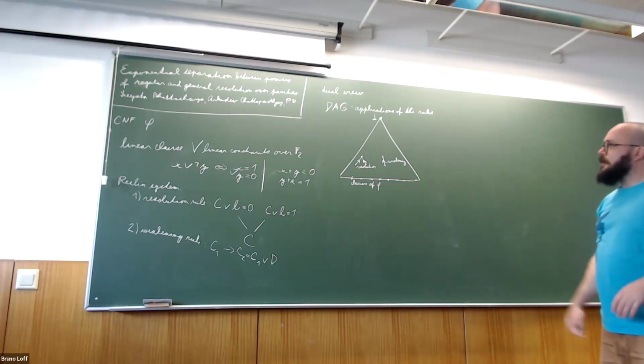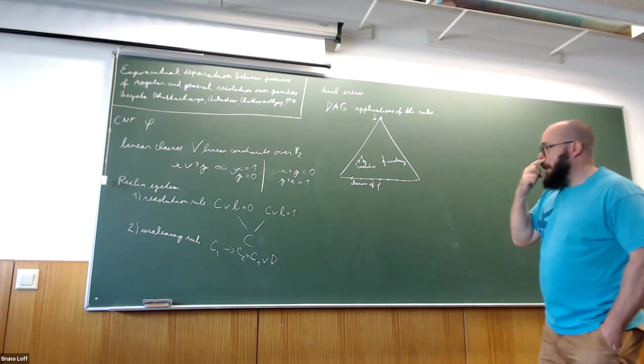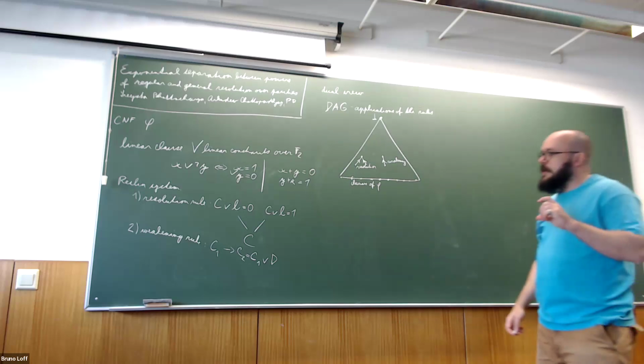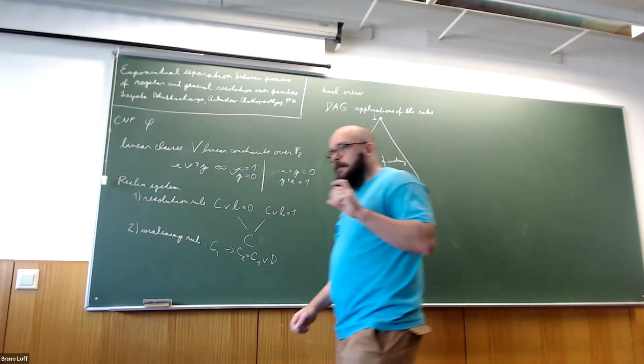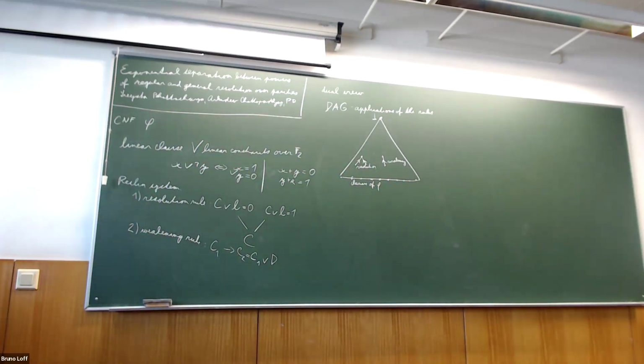If we go top down, we get something we call an affine DAG. Because if we negate a linear clause, right, then we get a conjunction of linear constraints.